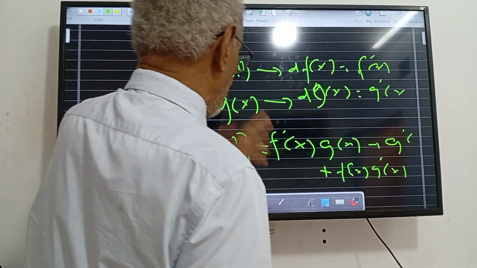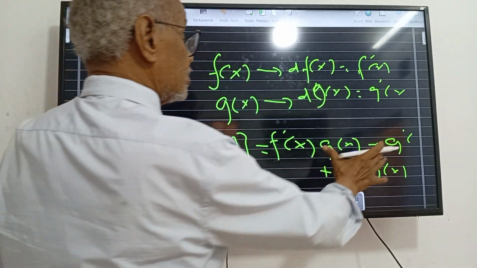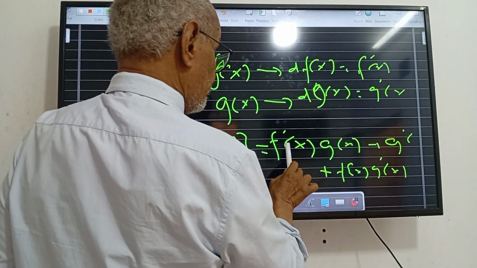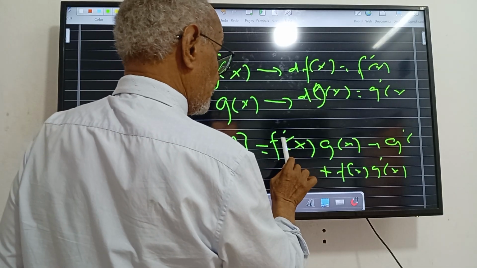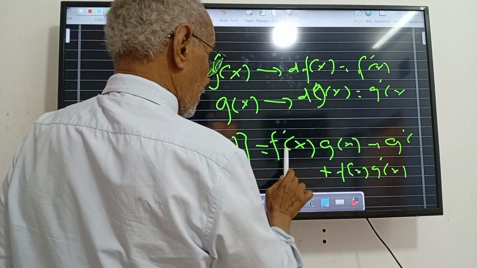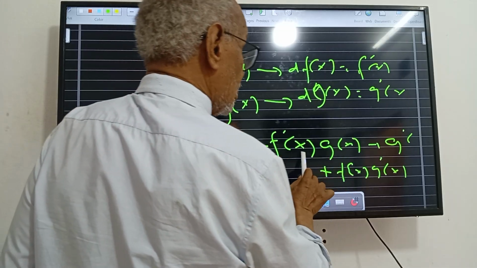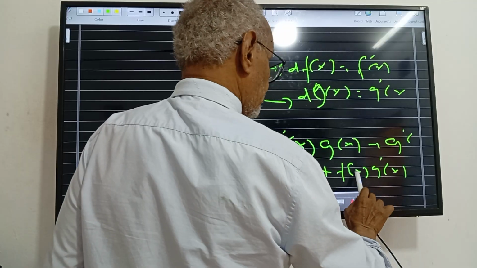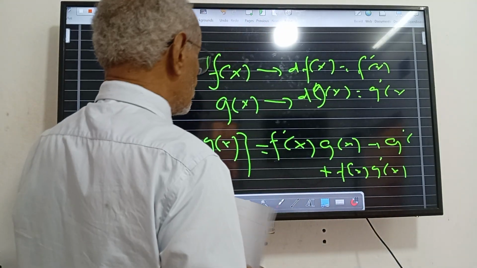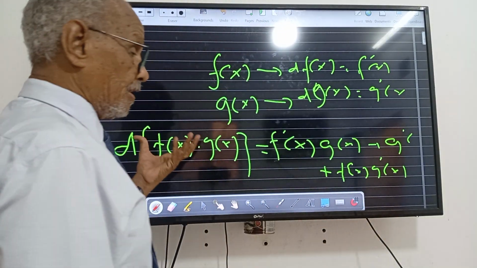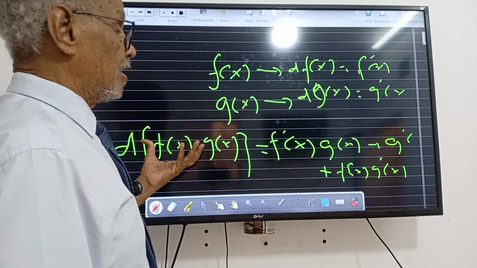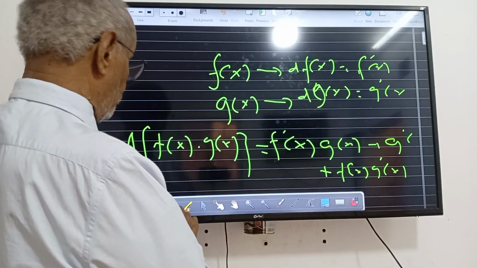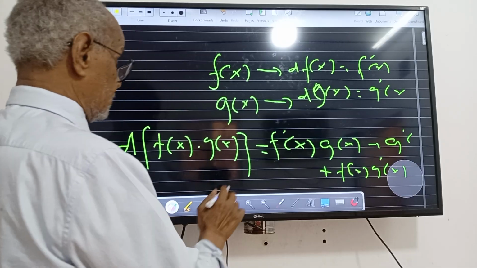So the derivative is f dash of x multiplied by g of x plus g dash of x multiplied by f of x. This is called the differentiation of a product.